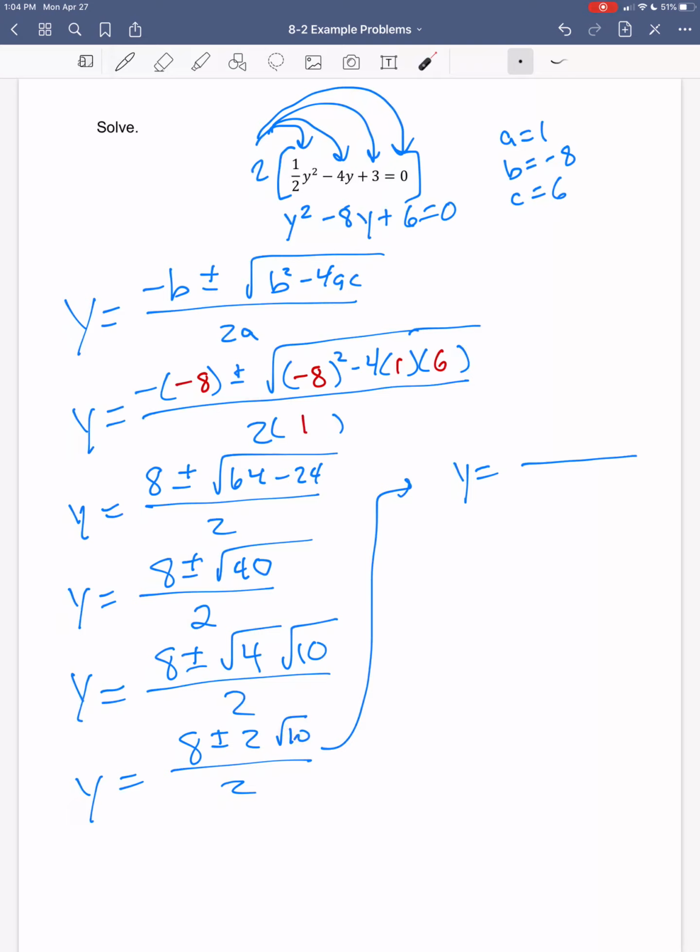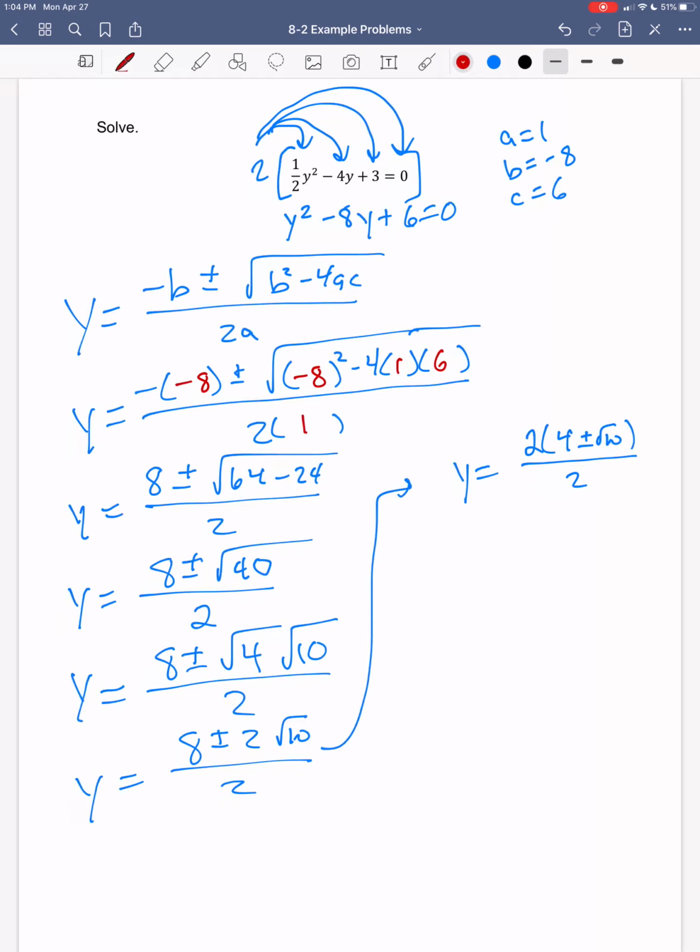But is there anything that goes into 8 and 2? Well, yeah, I've got a common factor of 2 there. Then I would ask what's missing. 2 times what gives me this 8? Well, it would have to be 2 times 4. And then 2 times what gives me this thing? Well, it's 2 times that square root. So I'd have plus or minus the square root of 10, and I've got the 2 in the bottom.